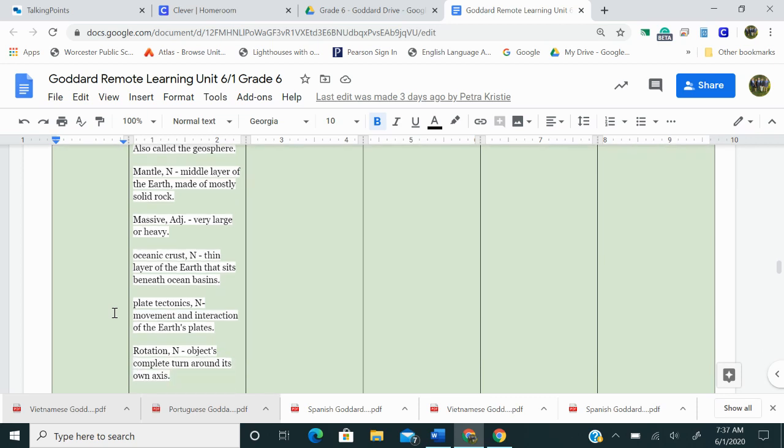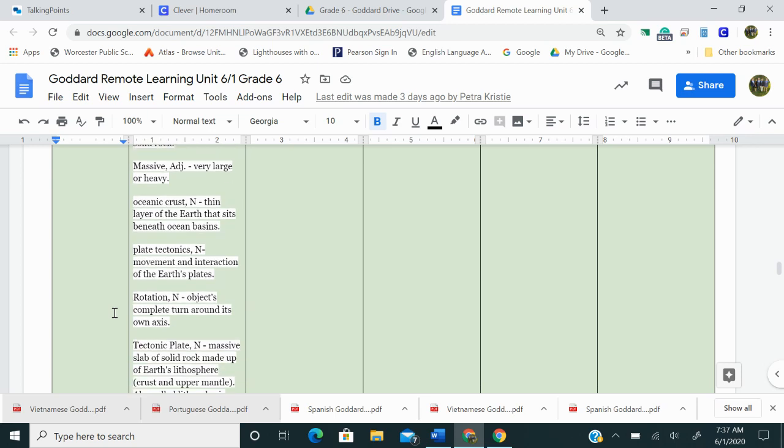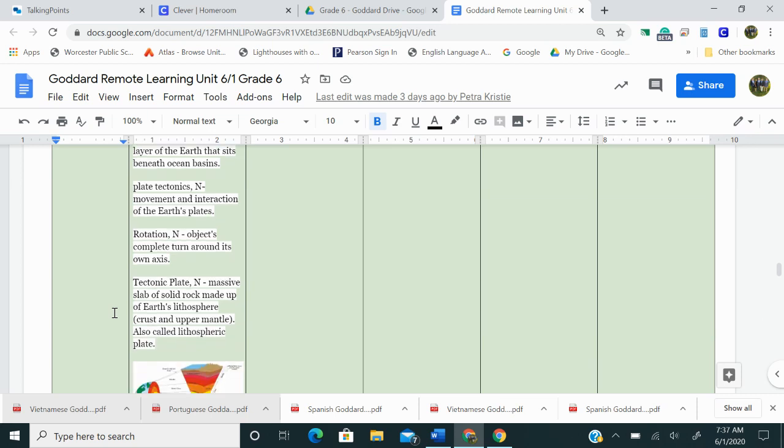Plate tectonics is movement and interaction of the Earth's plates. Rotation is an object's complete turn around its own axis. Tectonic plate is a massive slab of solid rock made up of Earth's lithosphere, also called the lithospheric plate.